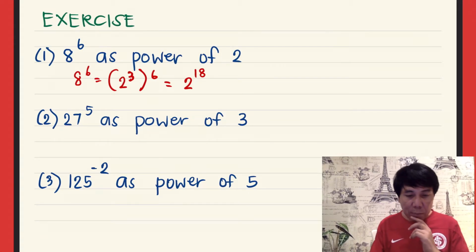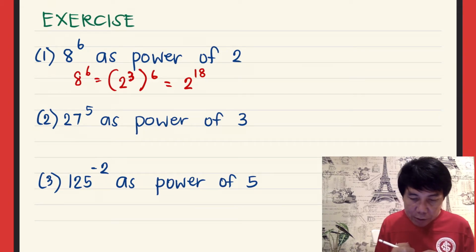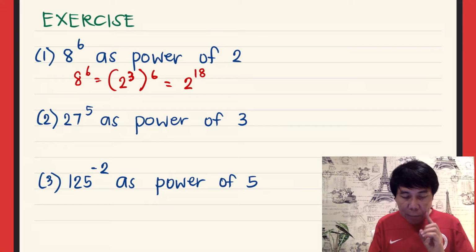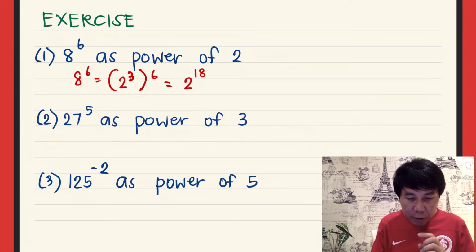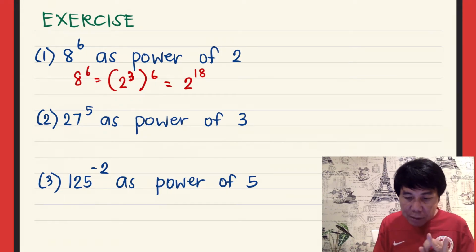Let's proceed to number 2. Number 2 is 27 raised to the power of 5 as a power of 3. So the base will be 3. First, we have to find out the cube root of 27. That is 3 times 3 is 9, times 3 is 27.